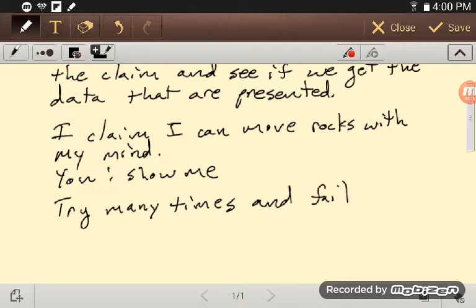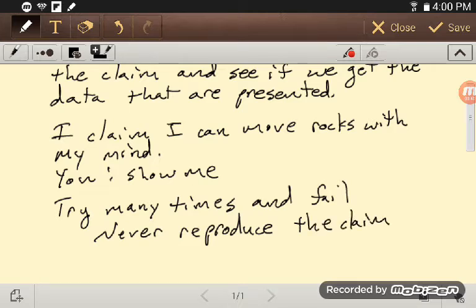So in our little simulation, where we check this claim, we could never reproduce the claim's data. We could never reproduce the claim in this case. So we wouldn't believe it, right? So we would reject the claim.